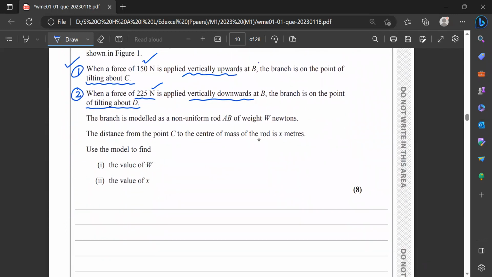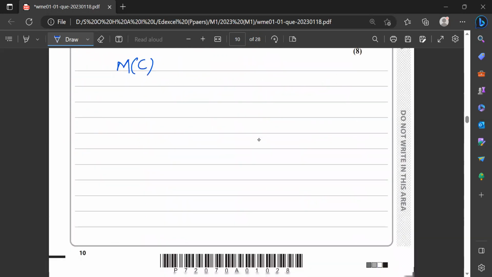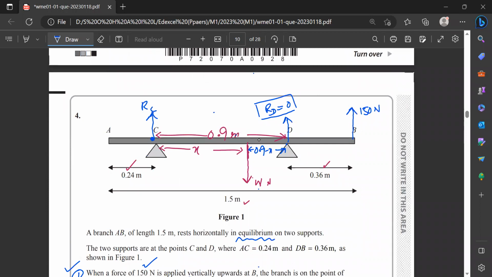So I'm using the first condition, taking the moment about C. If it is about C, how many forces are acting? RD is 0, W is there, which is at a distance of X from C. 150 is the other force, and you can find the distance of B from this point by subtracting.